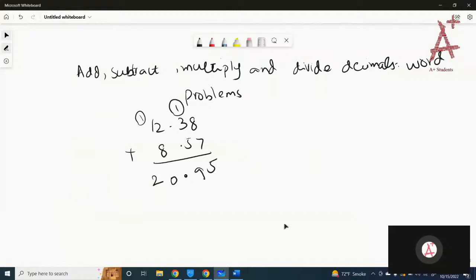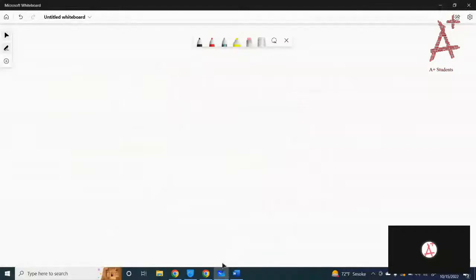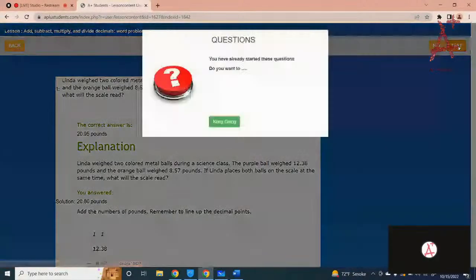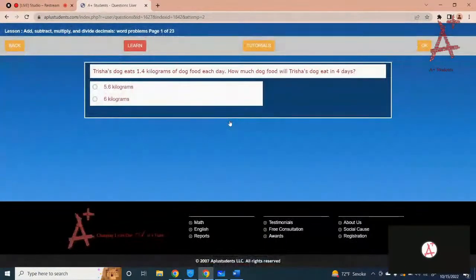Okay, let's start with the test. Trisha's dog eats 1.4 kilograms of dog food each day. How much food will Trisha's dog eat in 4 days?